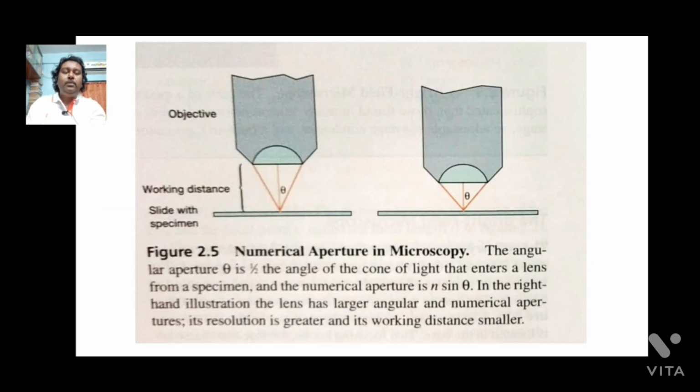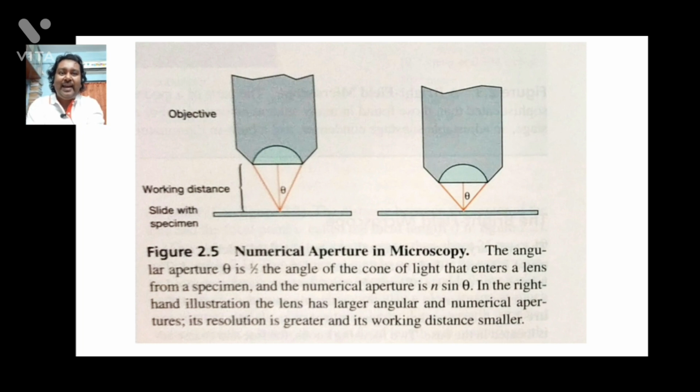Now coming to that point, the numerical aperture of the microscope. Here theta is the half of the angle, that is half of the cone that is created with the objective lens and the slide with specimen, and the value of theta is the half angle.